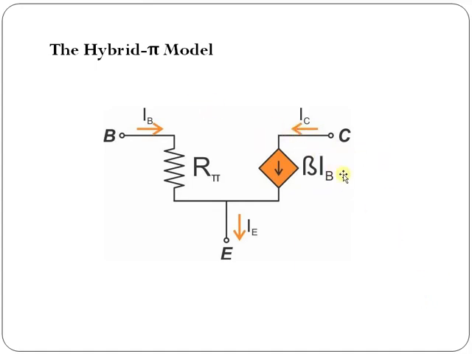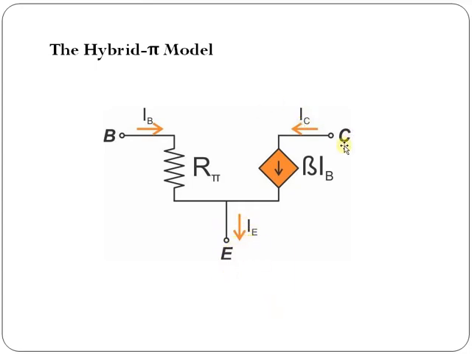Just like the large signal NPN, the collector current flows into the collector, the base current flows into the base, and the emitter current flows out of the emitter. So you can see that the emitter current is the sum of the base current and the collector current.